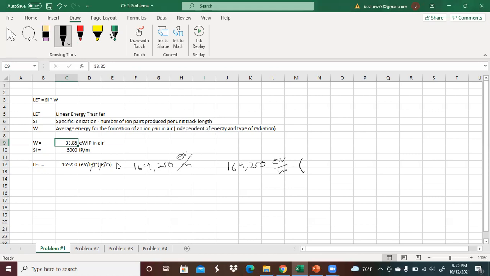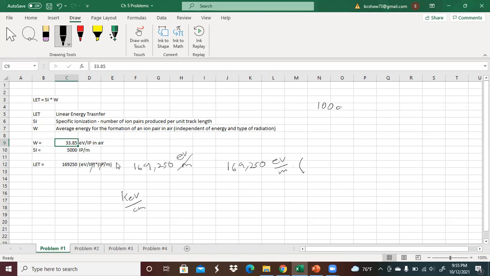Well, I have to do some conversions here. If I am looking to get my answer in keV per cm, then I have to figure out how to change this into keV, and how to change meters into centimeters. That part's probably not so hard.